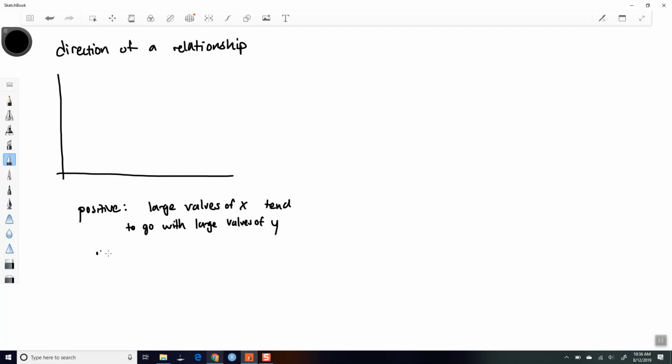And small x, I'm going to just do arrows, go with small y. This is like "tends to go with," right?